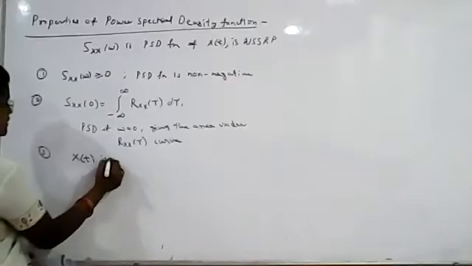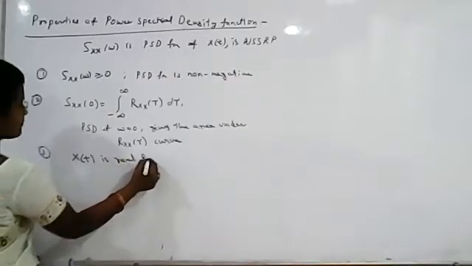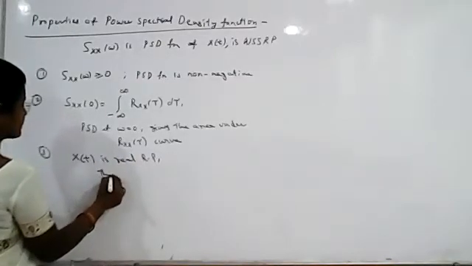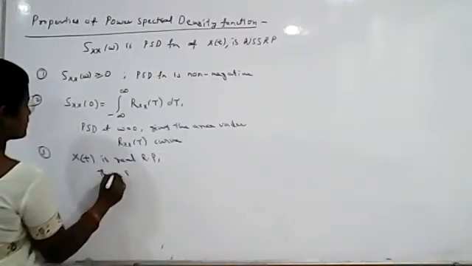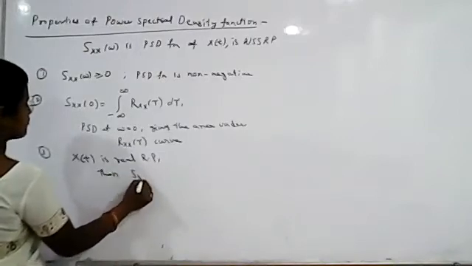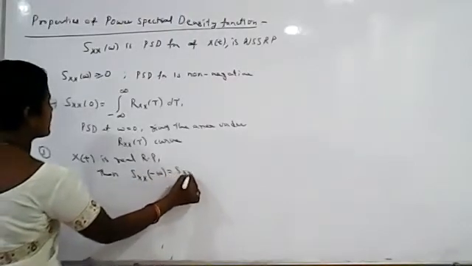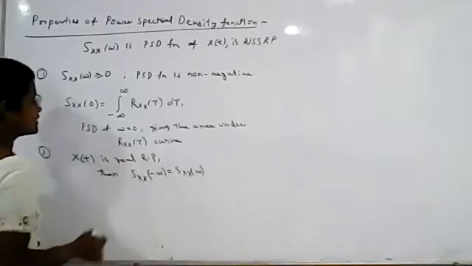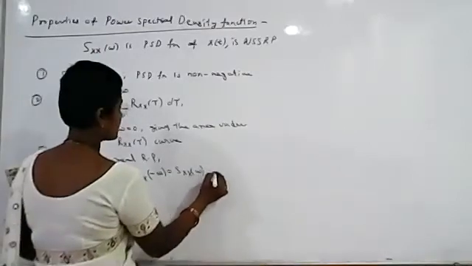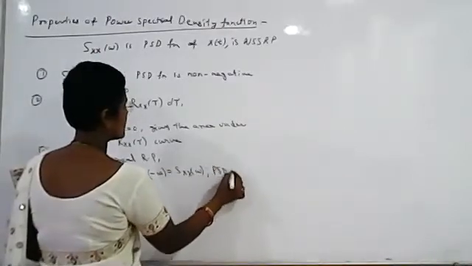The third property is about the power spectral density function of a real random process. If x of t is a real random process, then Sxx of omega will be equal to Sxx of minus omega. So the power spectral density function is even.